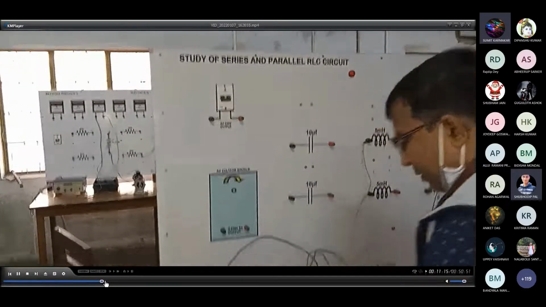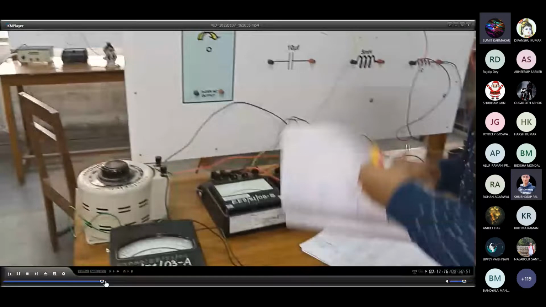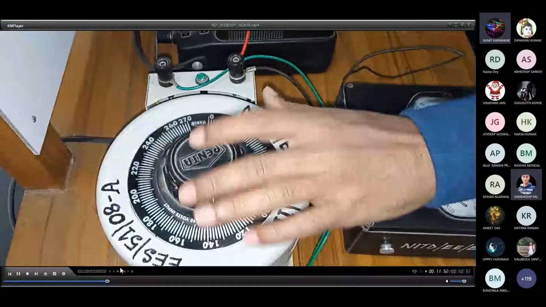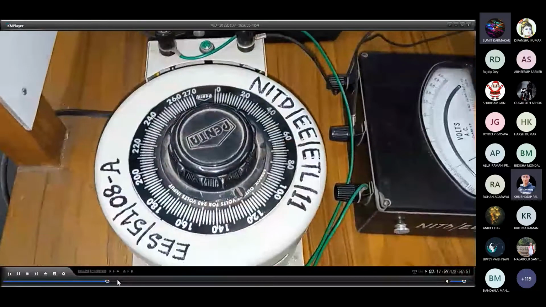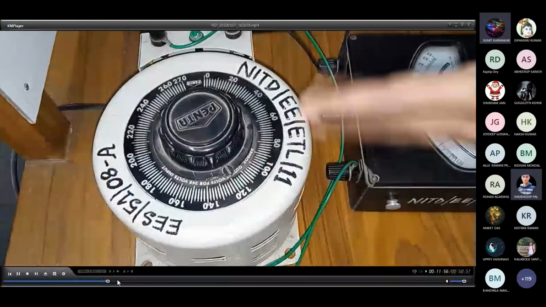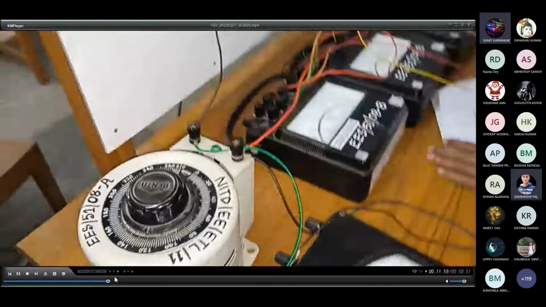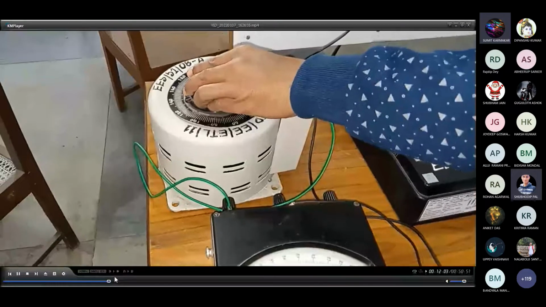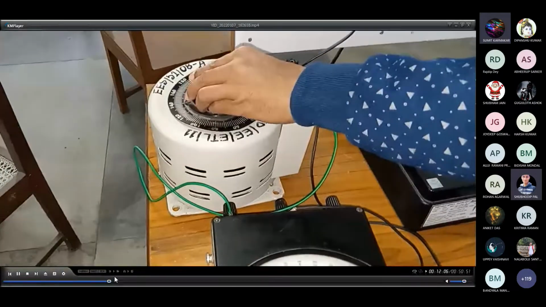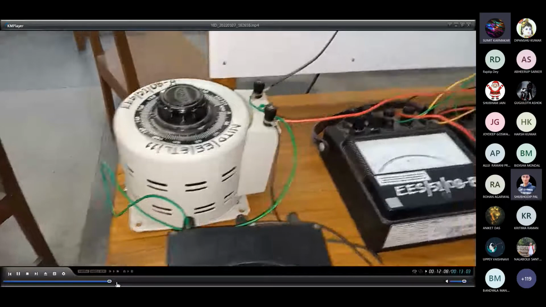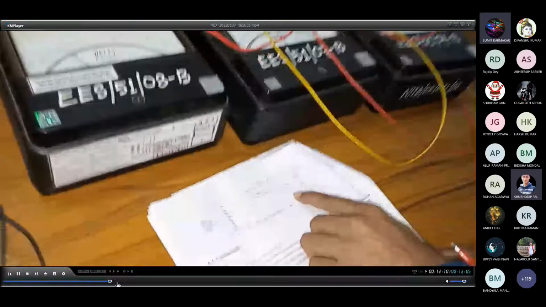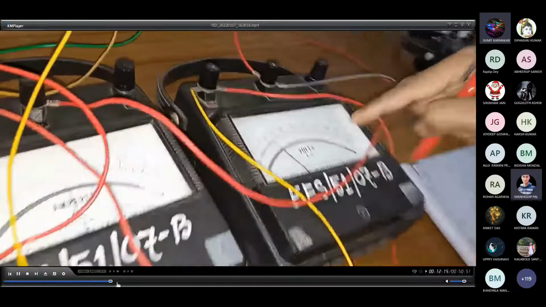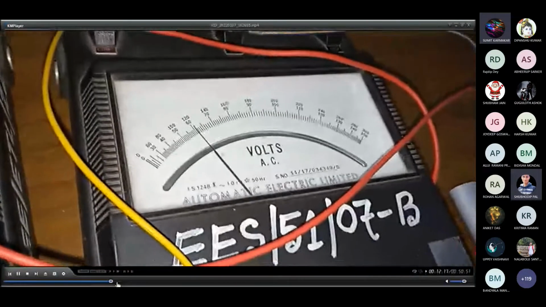Okay. So what we will be doing, 120 may not be exactly the same. There may be some calibration error, but that's why we are using a voltmeter, to see what voltage is coming across the RL circuit. As you have seen, this voltmeter is giving the voltage across the RL circuit.